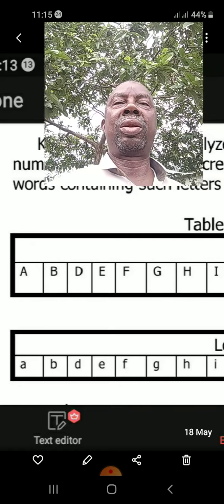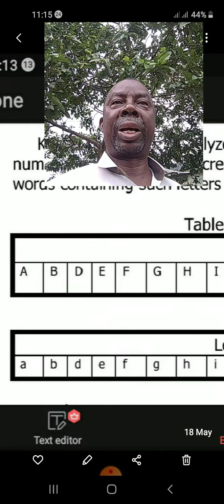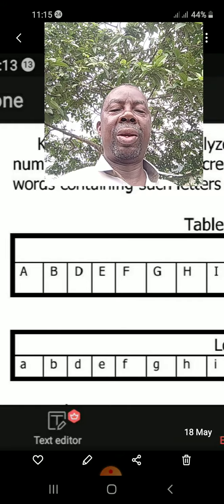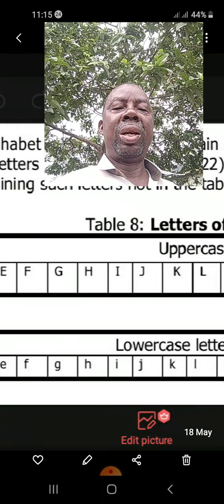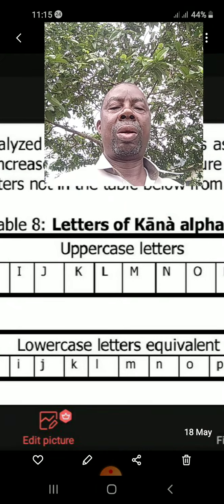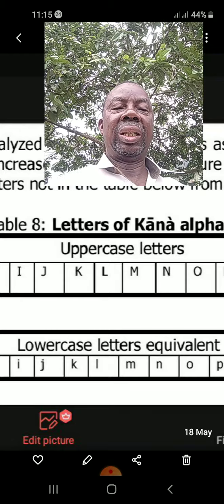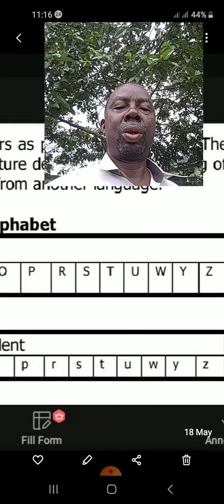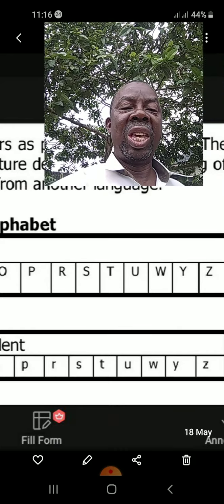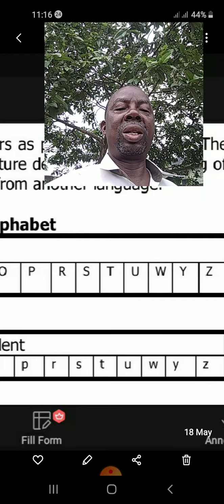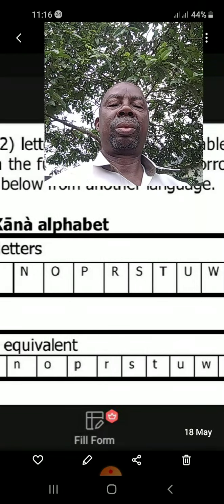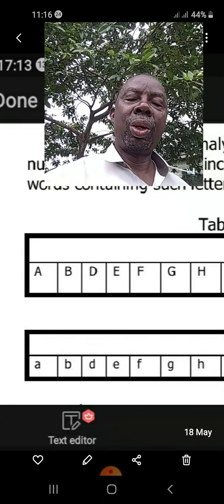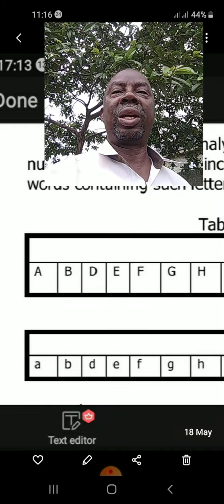They are as produced by Kana people: A, B, D, E, F, G, H, I, Y, K, L, M, N, O, P, R, C, T, U, W, Y, and Z. They are 22. So 22 letters are found in the Kana alphabet.